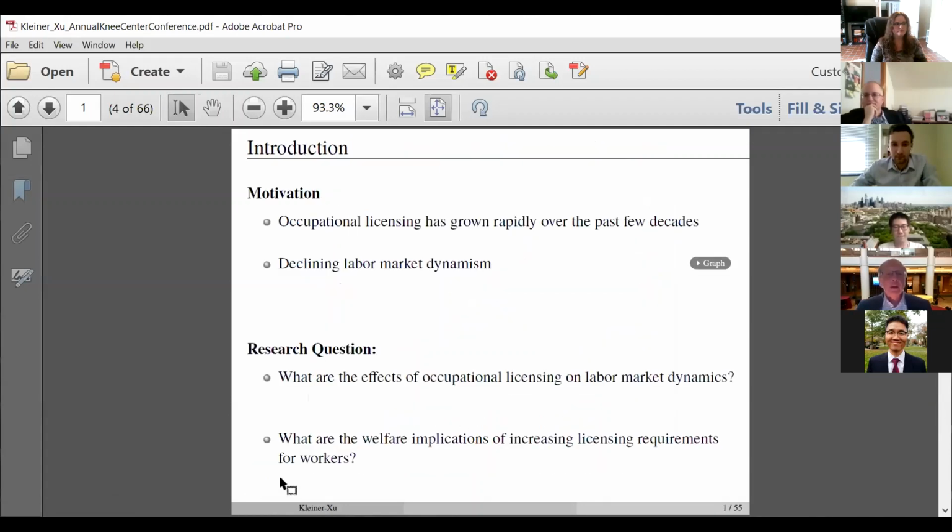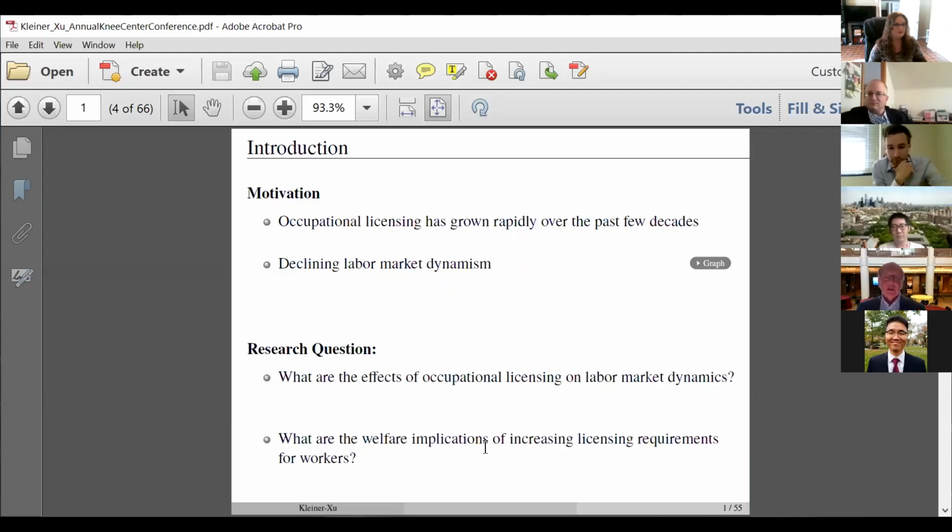So that's one issue. The research question that we're trying to examine is, what are the effects of occupational licensing on labor market dynamics? What's been happening over time in terms of switchers, or people moving into or out of an occupational license, and what are the welfare implications of increasing licensing requirements for workers?